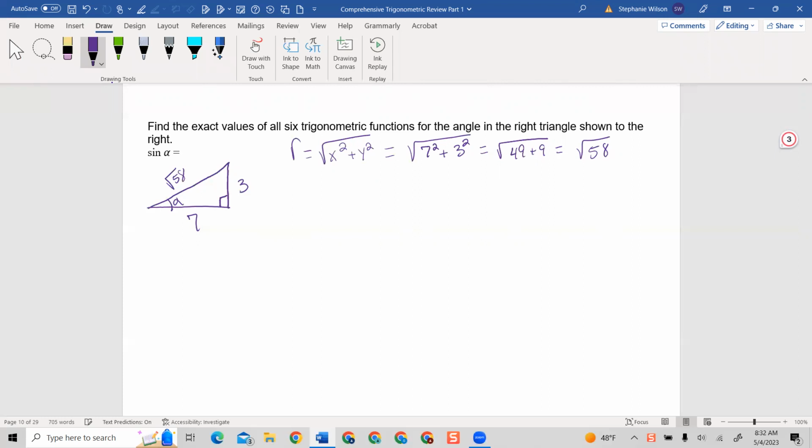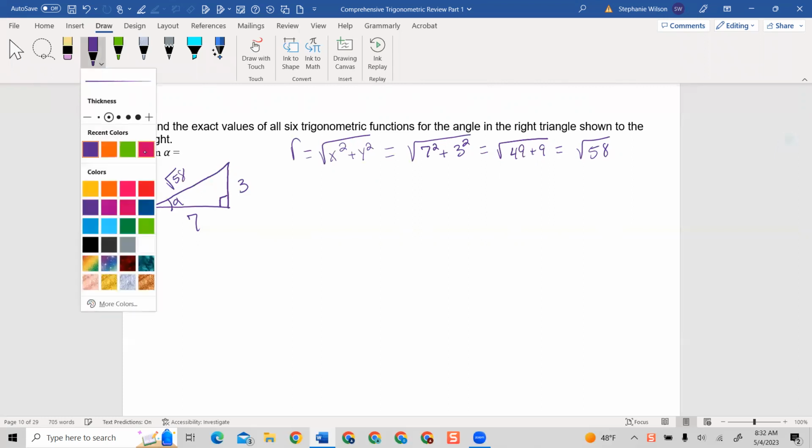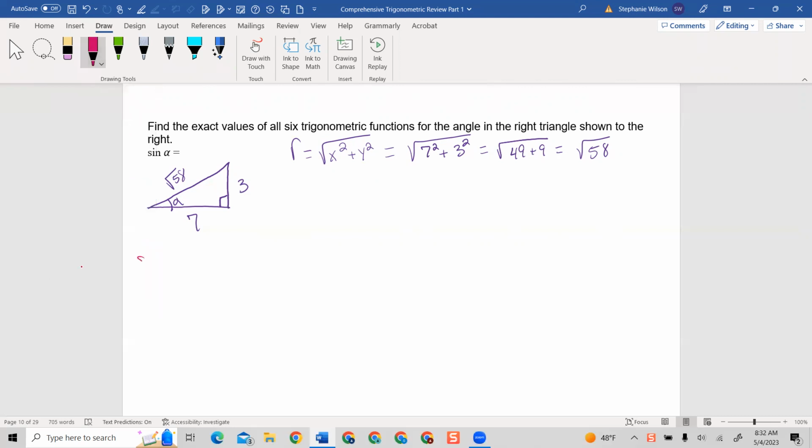So good deal. Now let's start finding all 6 trigonometric functions. Let's find sine first. Sine of the angle is going to be the opposite over hypotenuse. We also say it's y over r. So my y value is 3 and my r is square root of 58.